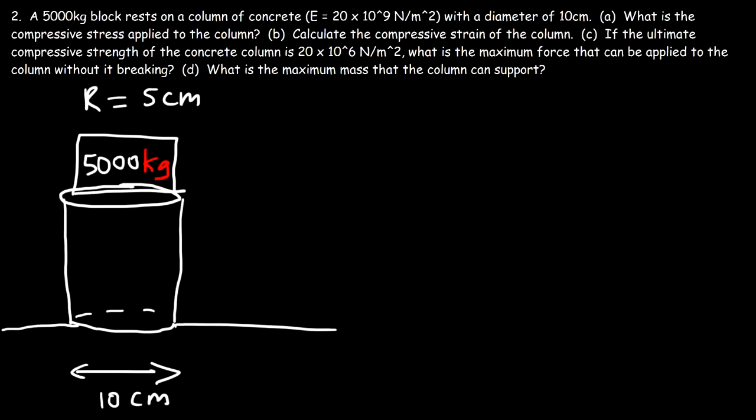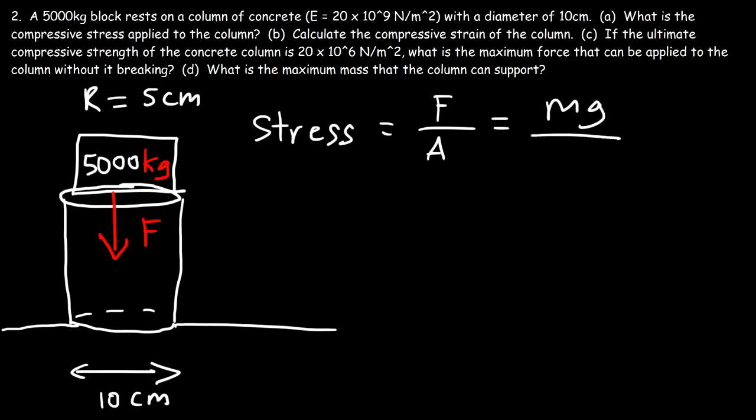So the block exerts a downward weight force, which causes the column to compress or shrink in length. Now to calculate the compressive stress, we know that stress is the ratio between force over area, and the force is the weight of the block. So that's mg, and we're dealing with a circular column, so the area is pi r squared.